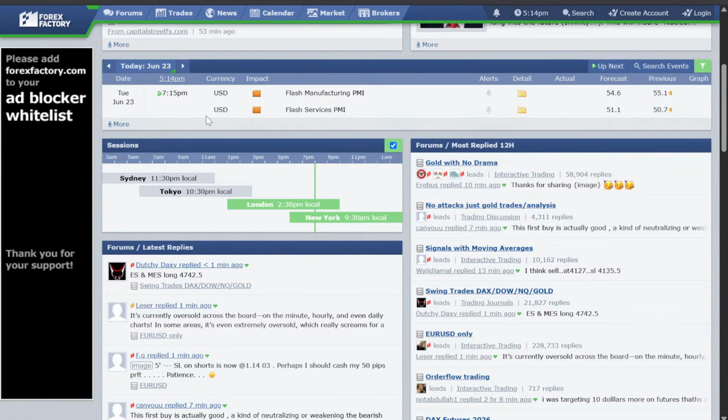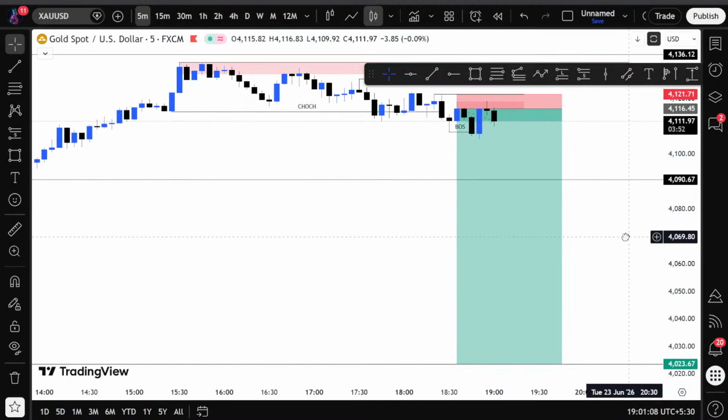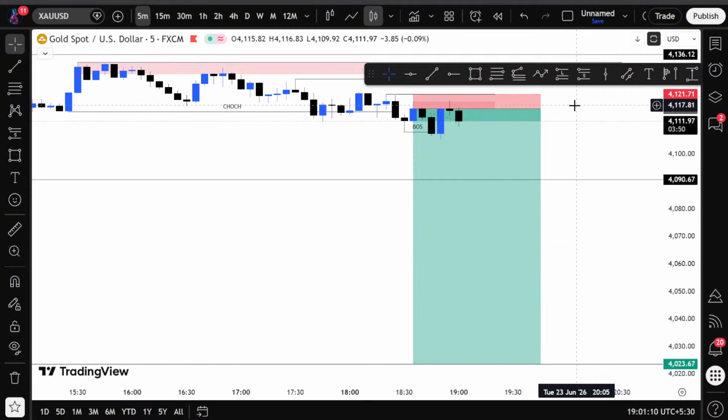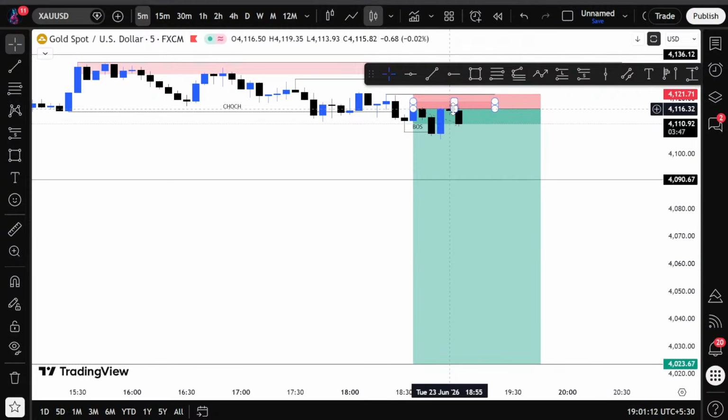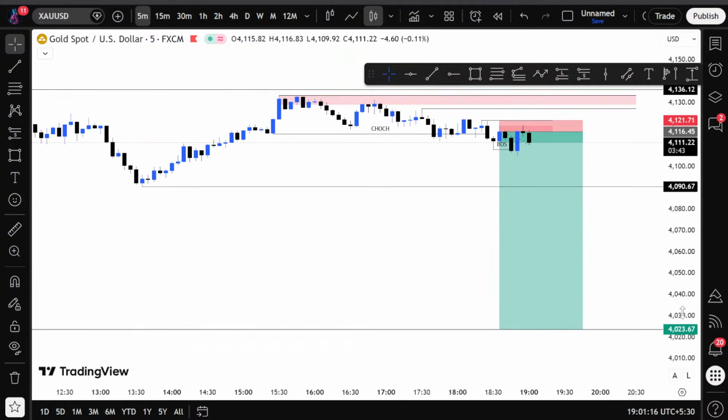Hope we don't get a fake out on news, a liquidity sweep fake out. I should not do it, as we will be out. I'm just expecting price to drop from here. It is bearish.